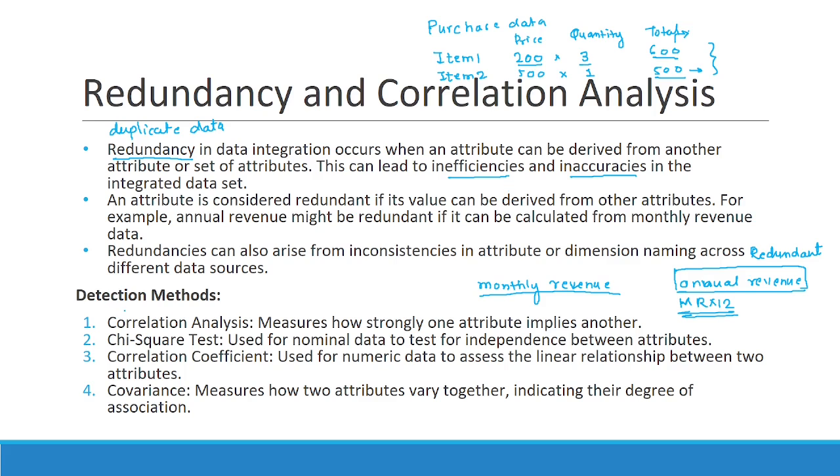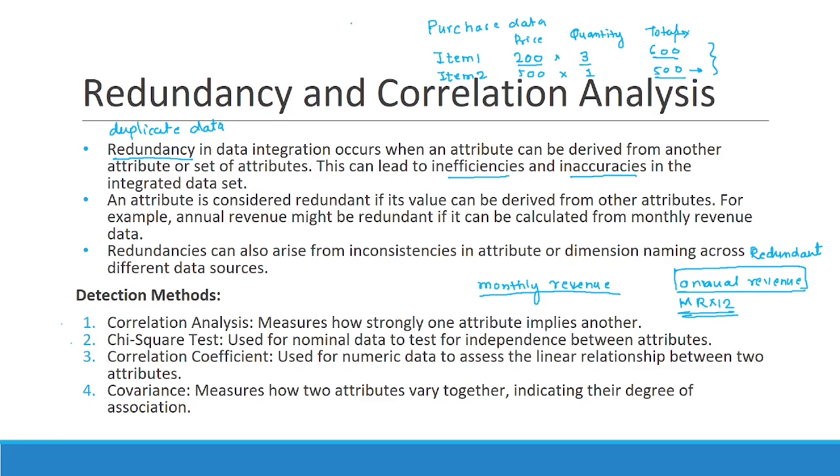How to detect the redundancy? We have various techniques, like first is correlation analysis, then chi-square test, correlation coefficient, and covariance. These are the methods to detect redundancy in your data.